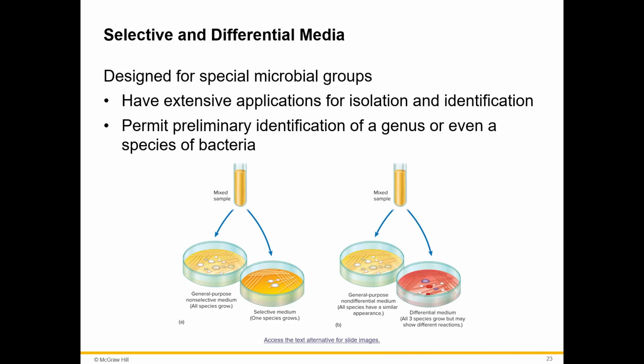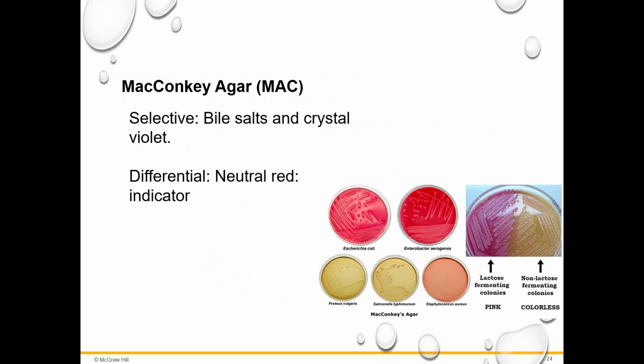There are some media that are selective and differential. They're designed for special microorganisms, and they have extensive applications for isolation and identification. MacConkey is an example of a selective and differential media. It's selective because the bile salts and crystal violet select against gram-positives, so only gram-negatives typically grow on this one. It's also differential based on a neutral red indicator, which is a pH indicator.